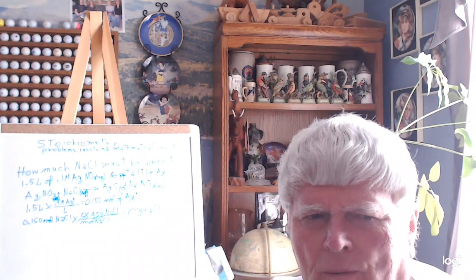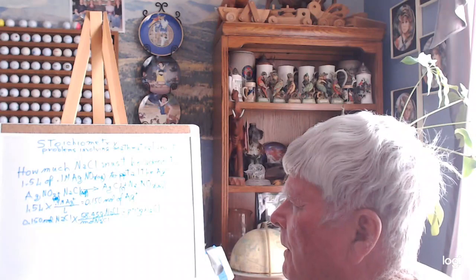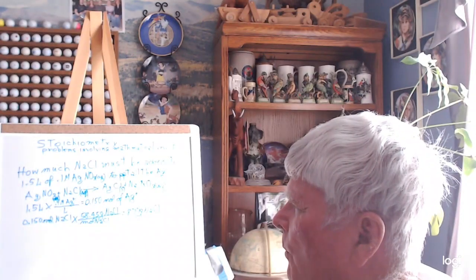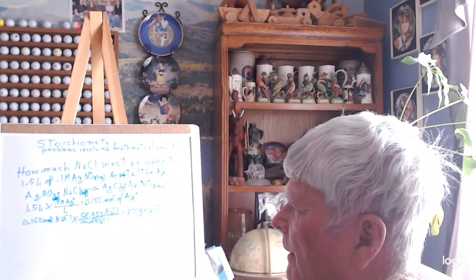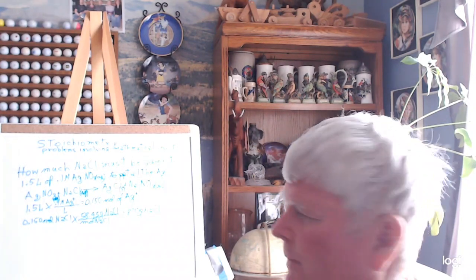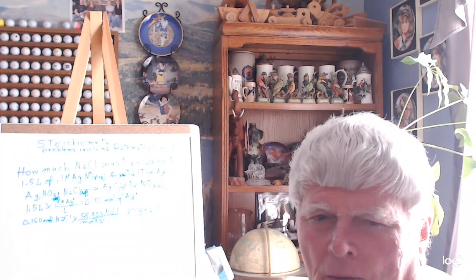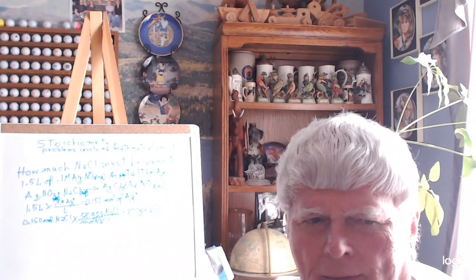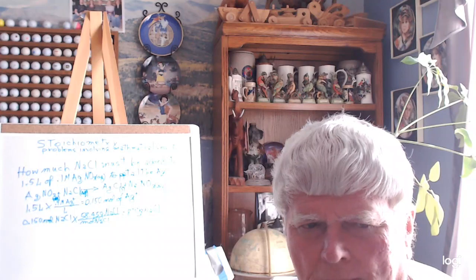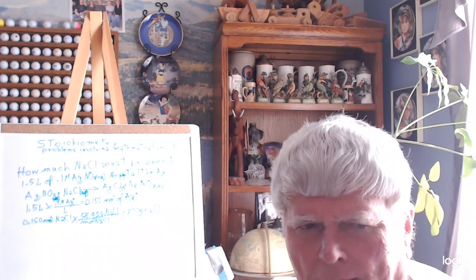So you got 0.1 moles of silver per liter times 1.5 liters gives you 0.150 moles of the silver ions, which you're trying to get out of solution. In order to do that, you have to add the equivalent, which is 0.150 moles of sodium chloride.